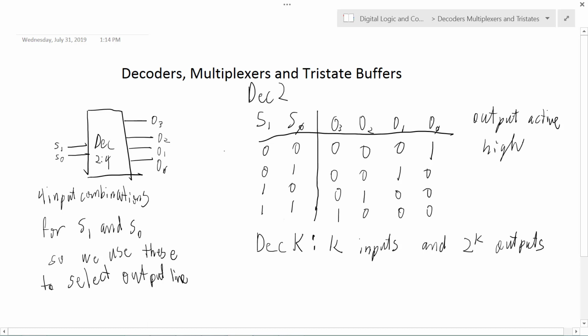And the truth table is generated by selecting the output line based on the input. So for input S equals the bit vector S(K-1) down to S0, select output number O sub S.